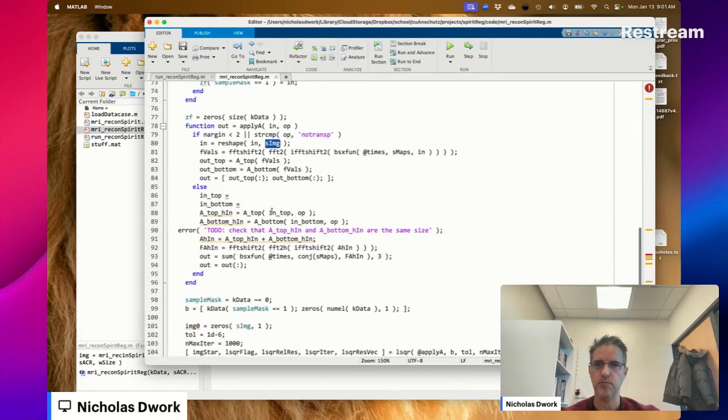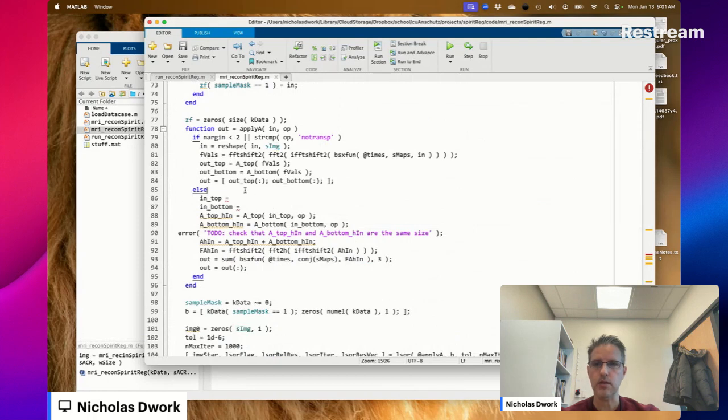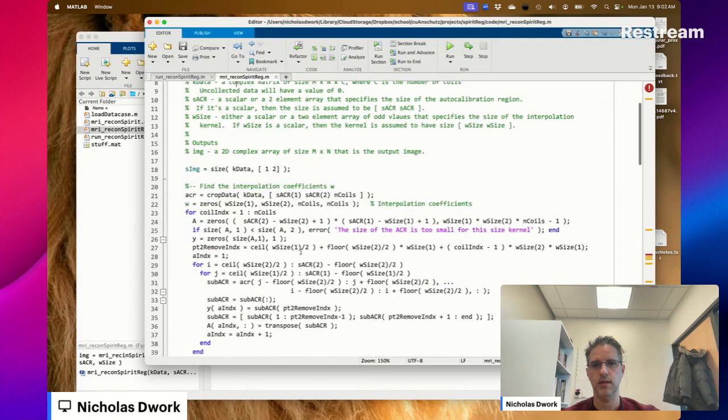Okay. The output of A top is something the size of K data, and the output of the bottom is also something the size of K data. That makes it easy.